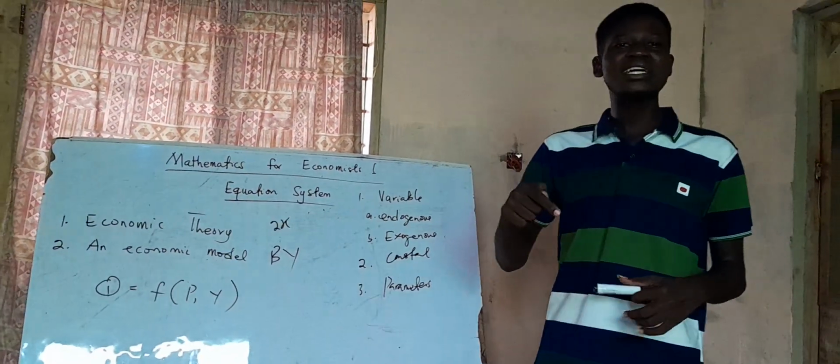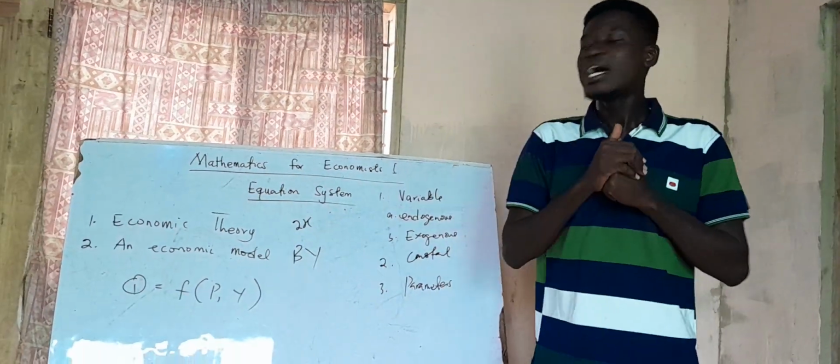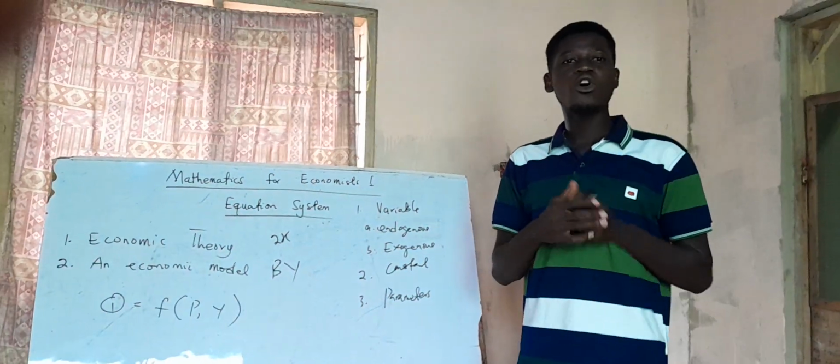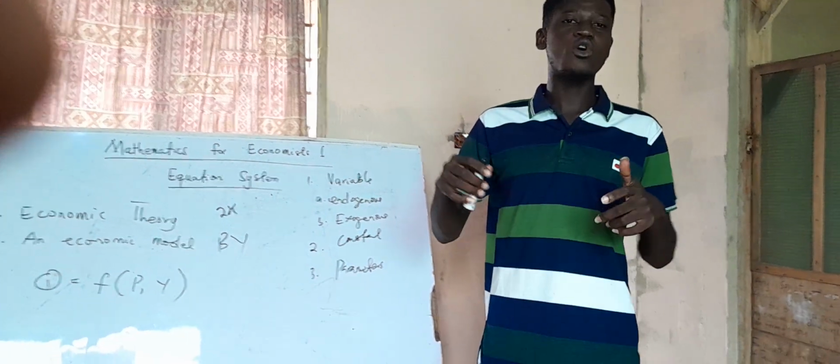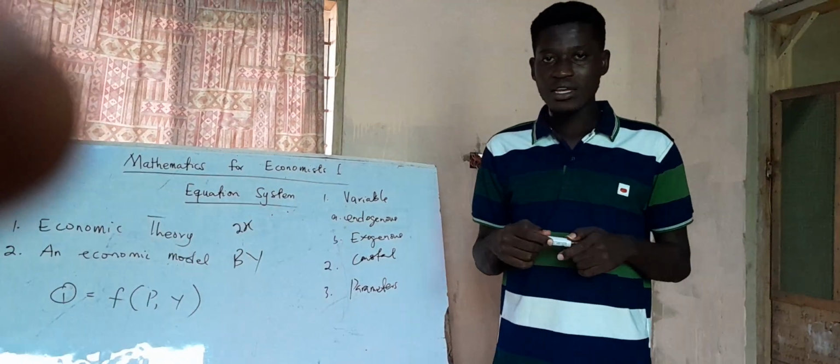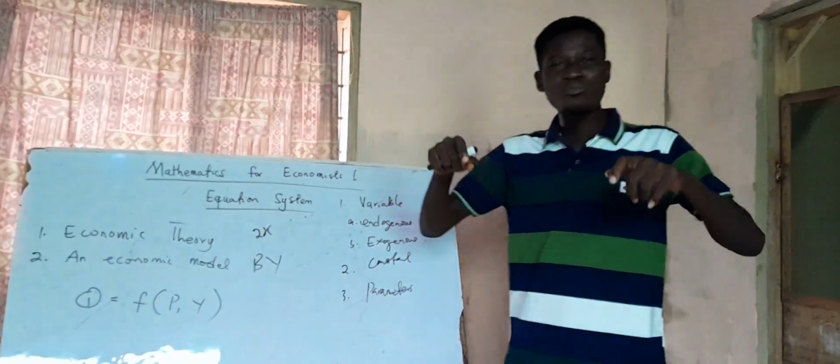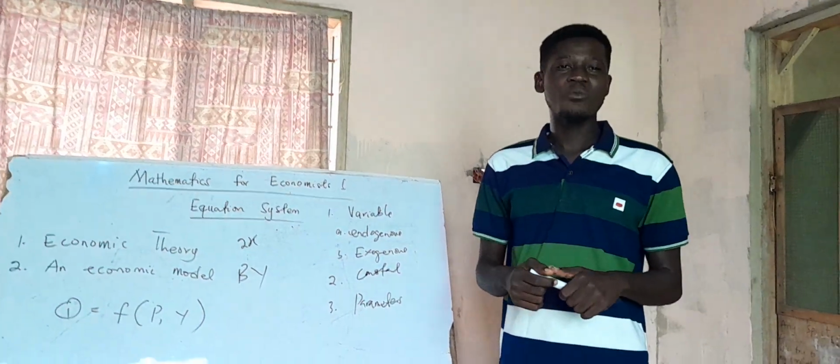So whenever a constant acts as a variable in the model, it is called a parametric constant. Okay, so quickly, these are the major components of an economic model.